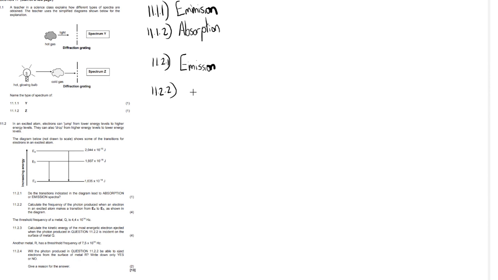So let's see what the energy released would be. The energy that that electron is emitting would be E4 minus E2. And we have E4 being 2,044 times 10 to the power of negative 18, and then we subtract 1,635 times 10 to the power of negative 18.